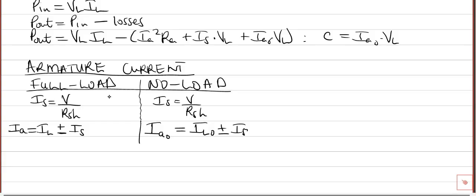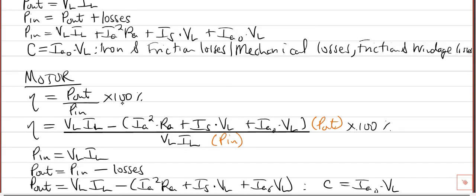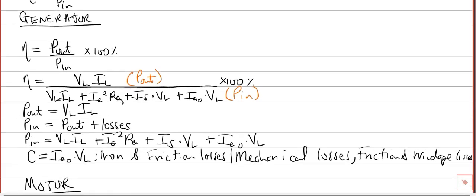The way you treat the formulas for full load in regards to power is similarly how you may treat the equations at no load, especially where they happen to give you power. But the main equations which you have are the ones we have indicated up here.